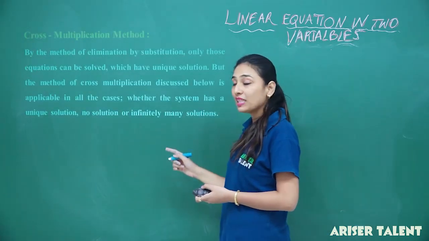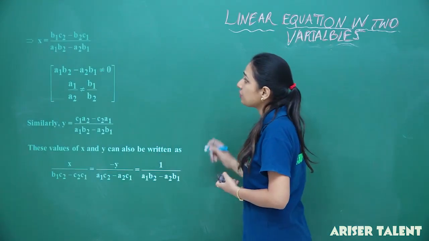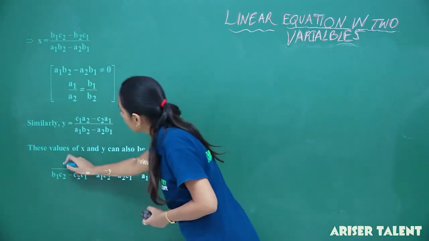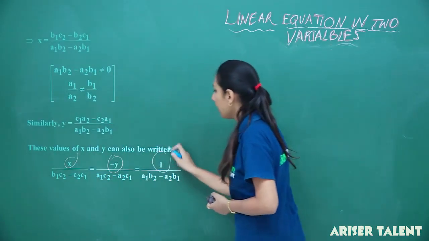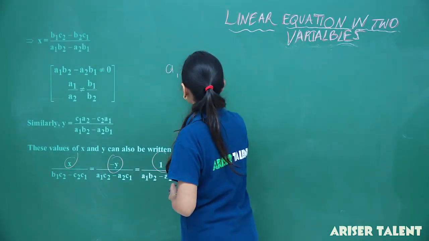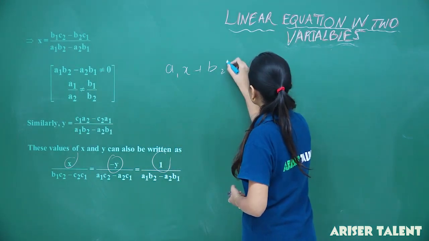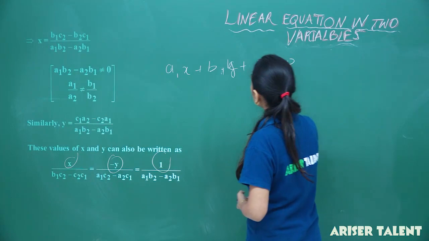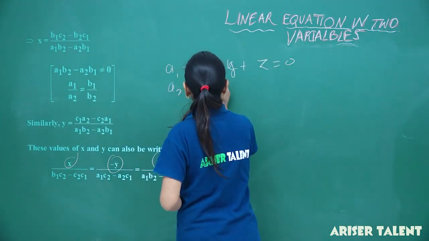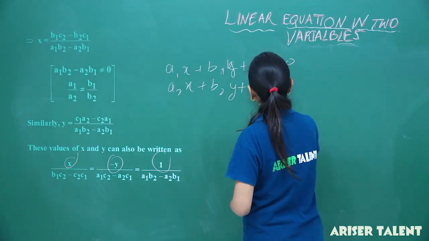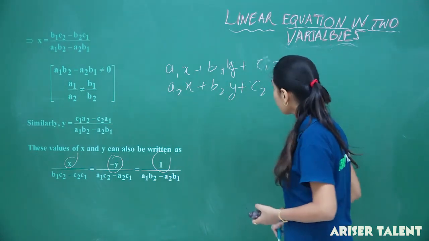Okay, now the cross multiplication method. In the cross multiplication method, we saw the complete procedure. We have a1x plus b1y plus c1 equals 0 and a2x plus b2y plus c2 equals 0.